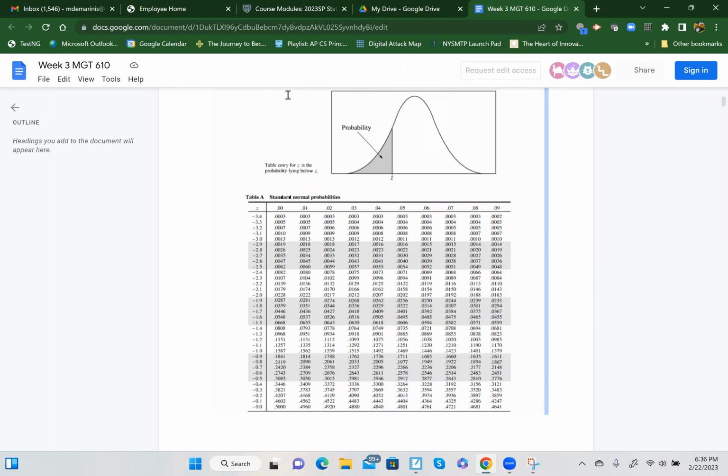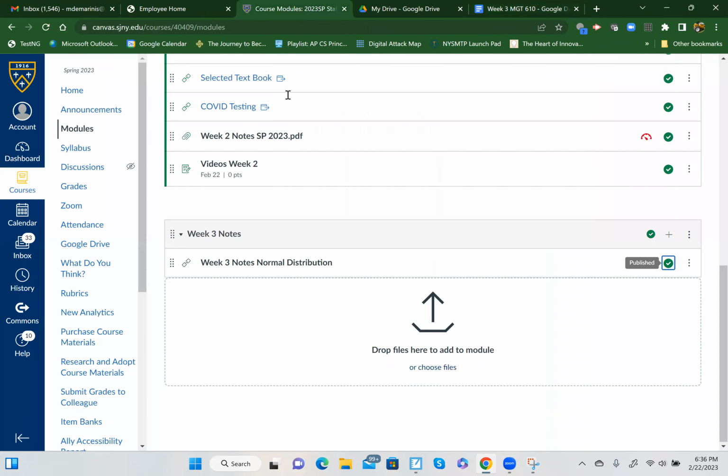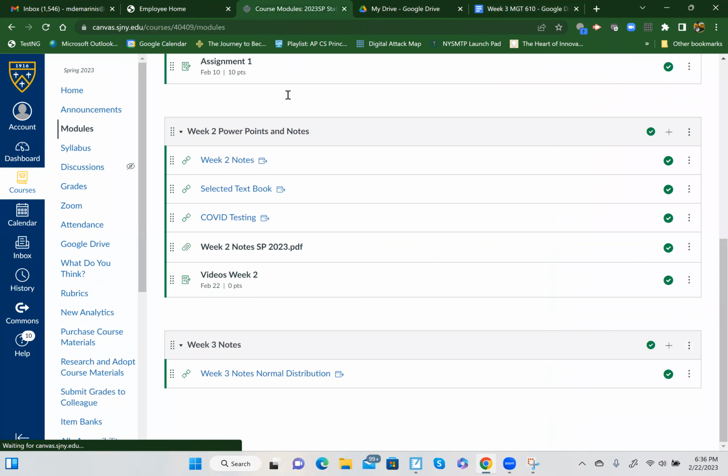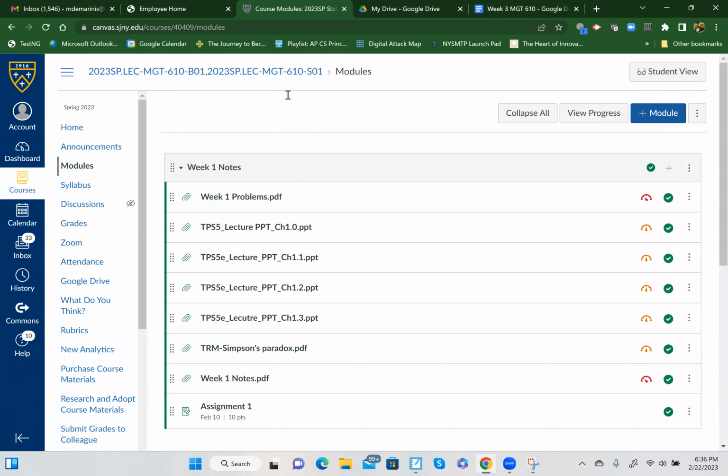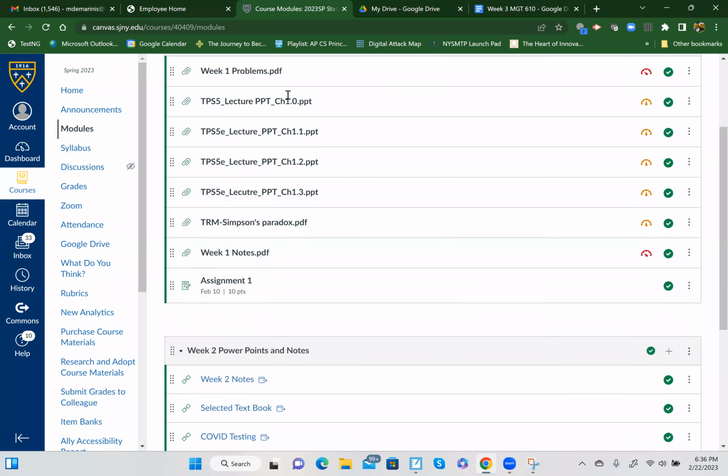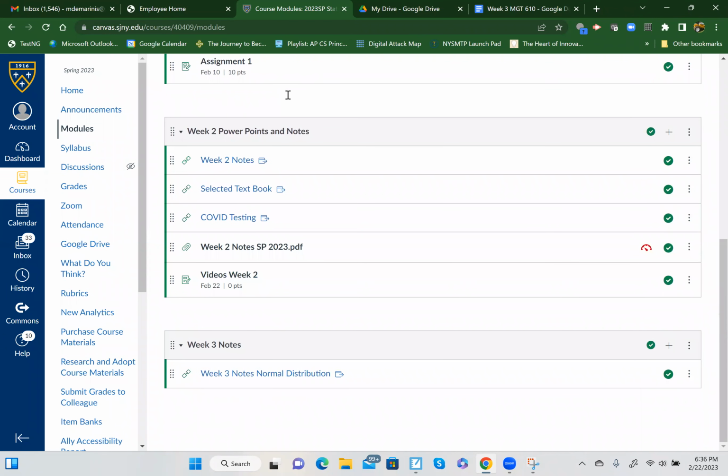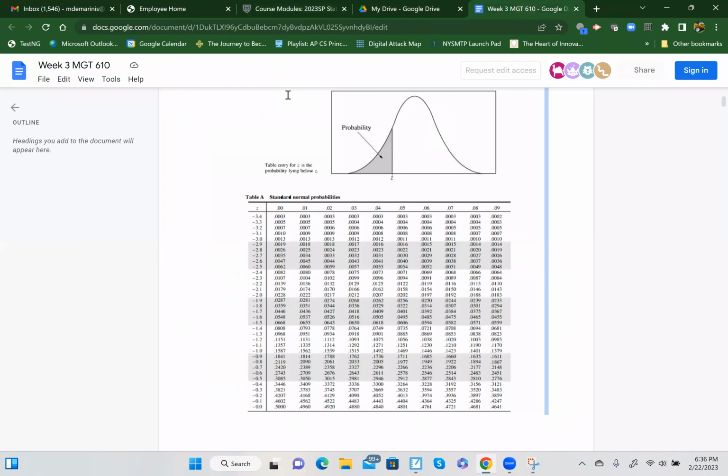So if you were to go to your course in Canvas and then click on the side where it says modules, you'll see all our previous notes, right? And then week 3 notes. If you click on that link there, you should land on this document.